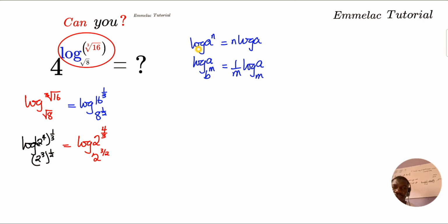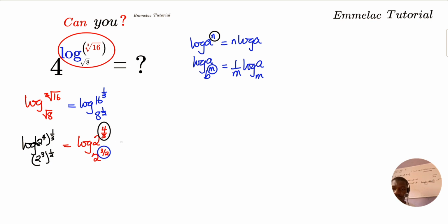We'll be making use of these two laws here, where 4 over 3 represents our n and 3 over 2 represents our m.